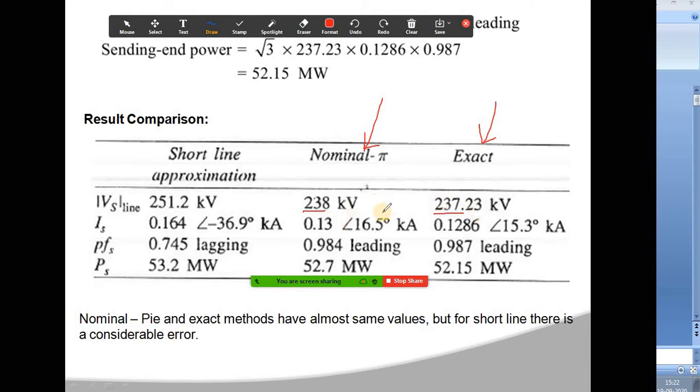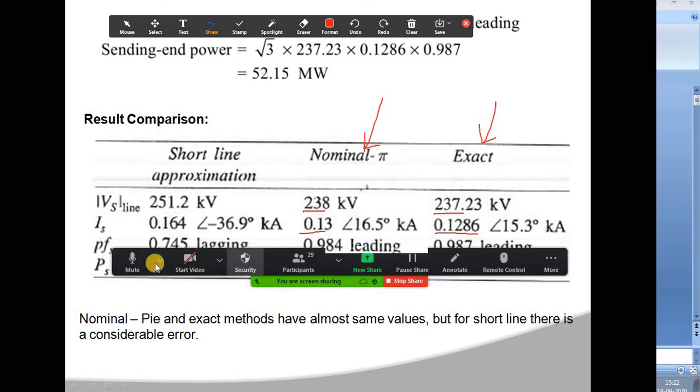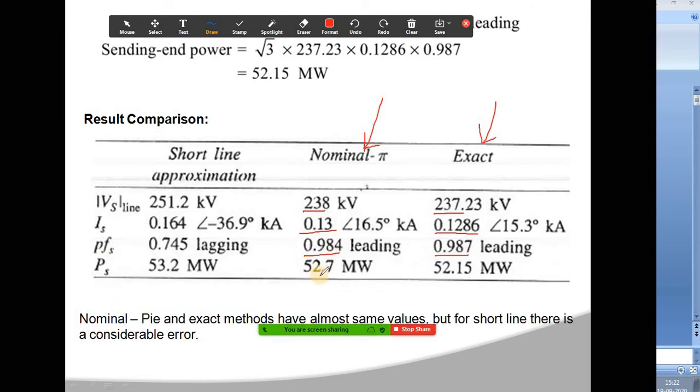The voltage is 238 here and 237.23 there. The current is 0.13 here and 0.128 there, almost the same. The power factor is 0.984 here and 0.987 there, and the total sending end power is 52.7 here and 52.15 there. This is the exact solution, and the nominal pi method gives results almost near to it.